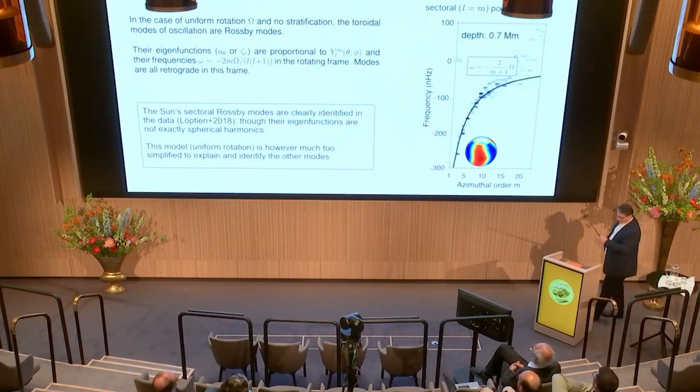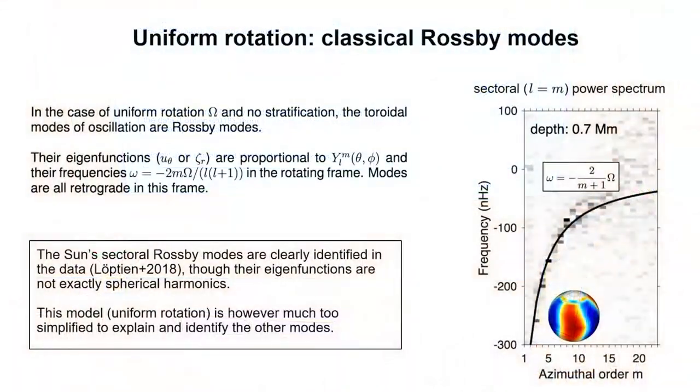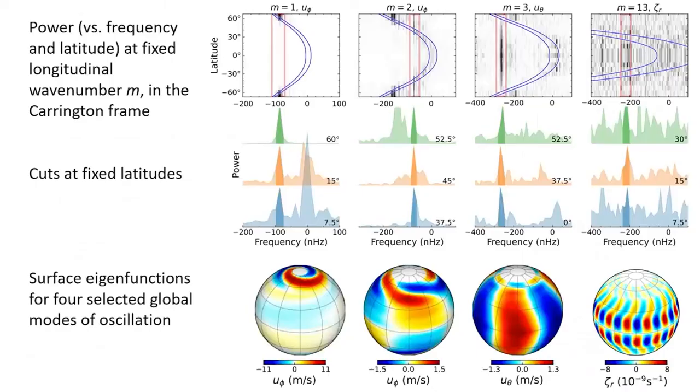Now, you saw in the previous movie that the eigenfunctions are actually not spherical harmonics. That's important. Except in the case of this mode, where the eigenfunction in u theta looks quite close to a spherical harmonic function. Okay.